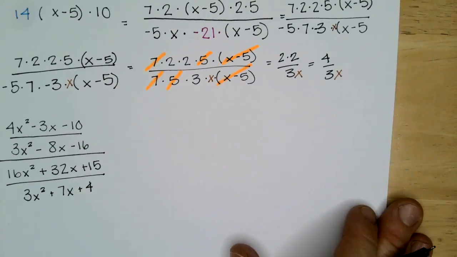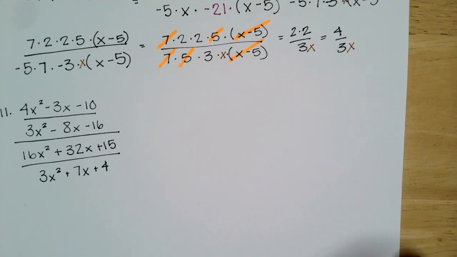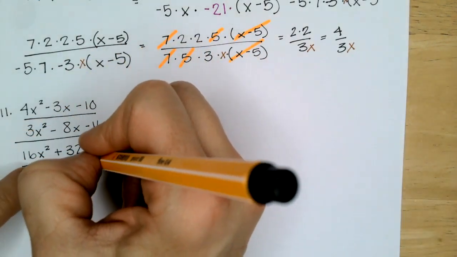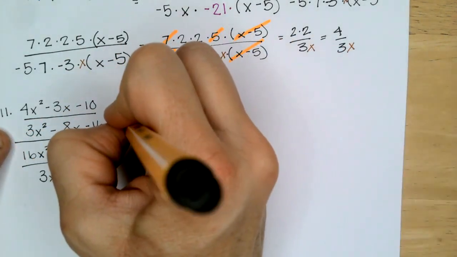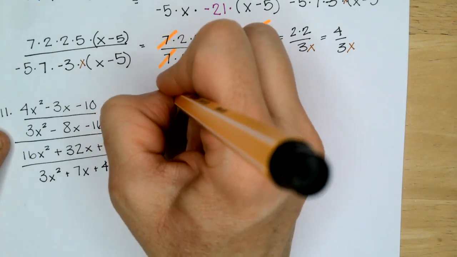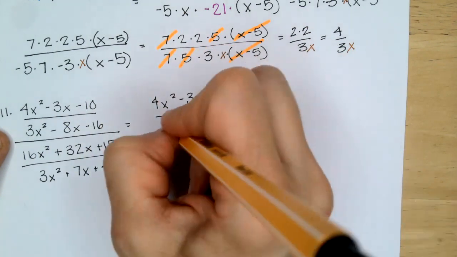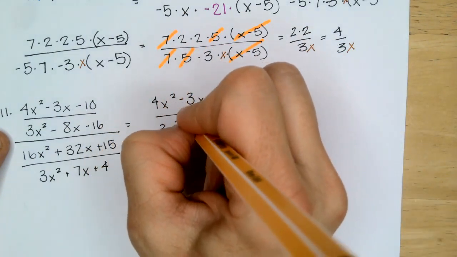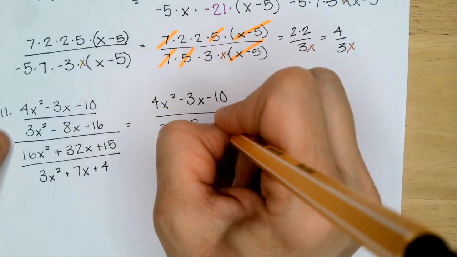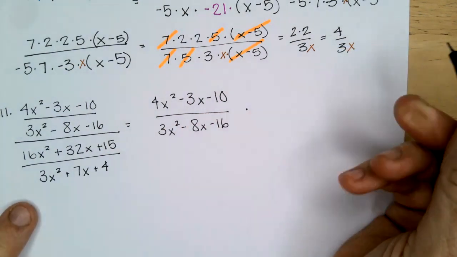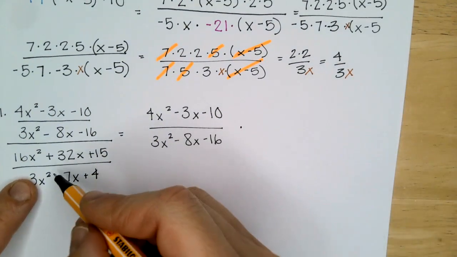Good. So that's all division. I want to change it into multiplication. So remember, keep, flip, change. That's going to become 4x squared minus 3x minus 10 over 3x squared minus 8x minus 16 times, so we keep and then we flip this one.